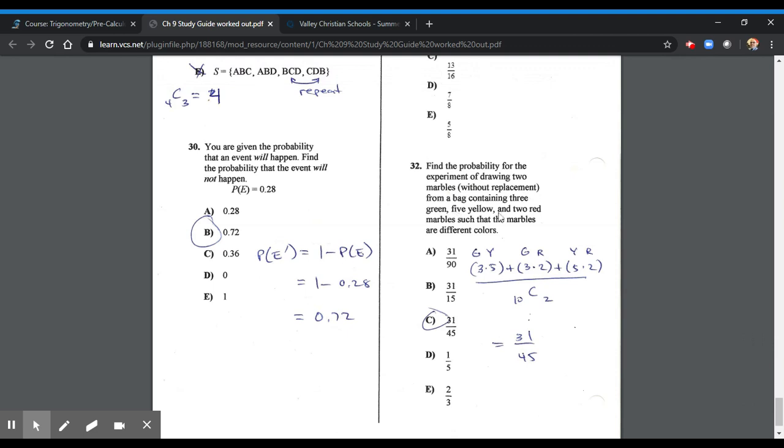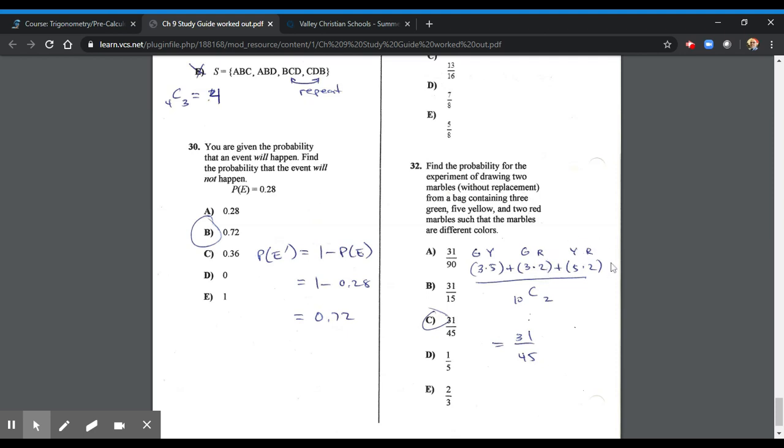All right, we had one on the WebAssign very similar to this. Find the probability for the experiment of drawing 2 marbles without replacement from a bag containing 3 green, 5 yellow, and 2 red marbles such that the marbles are different colors. Well, I could pick a green and a yellow. There's 3 ways to pick a green, 5 ways to pick a yellow. I could pick a green and a red, 3 ways to pick a green, 2 ways to pick a red.